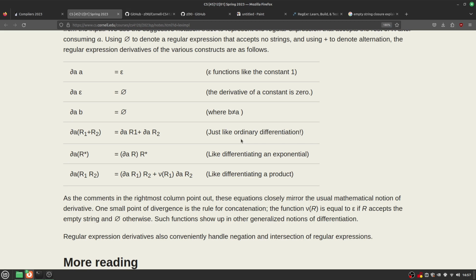Do a calculus course. The derivative of A on the Kleene closure of R is the derivative of A on R concatenated with the Kleene closure of R, like differentiating a product. I definitely need to relearn calculus, but not right now.